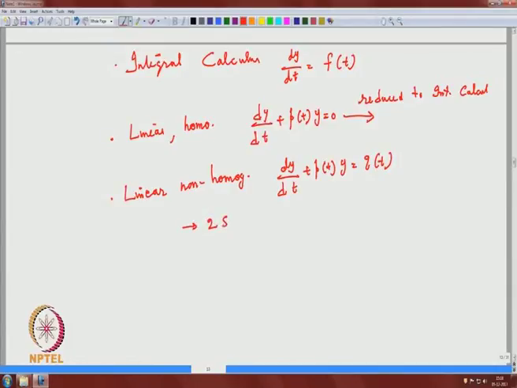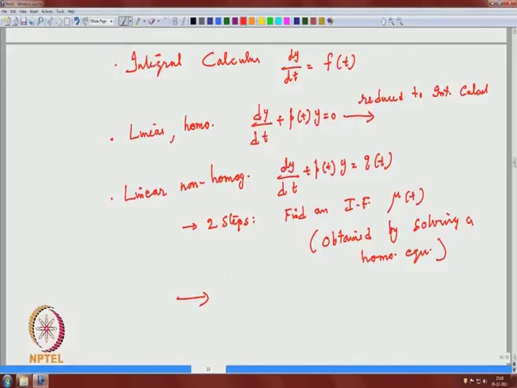Step 1, find an integrating factor mu t, and this is obtained by solving a homogeneous equation.